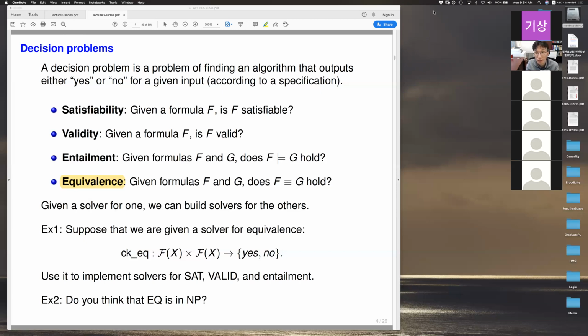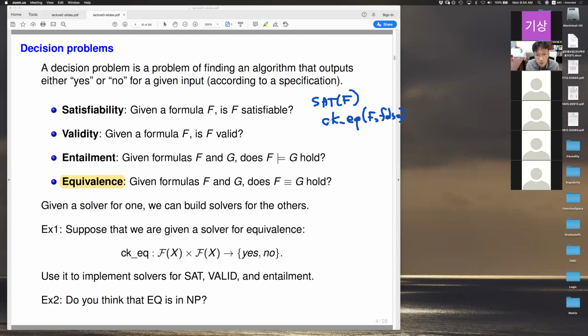Okay, let me answer these questions. So here's a way to encode all the questions. For satisfiability, if you want to check satisfiability of F, then what you need to do is just check equivalence between F and false.